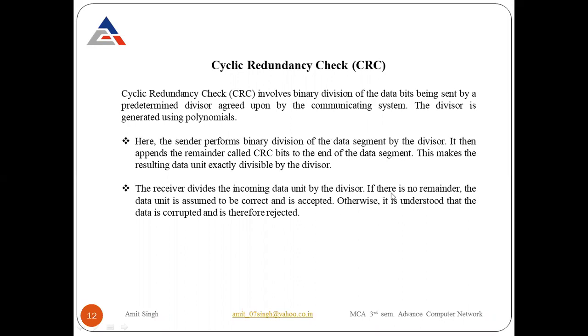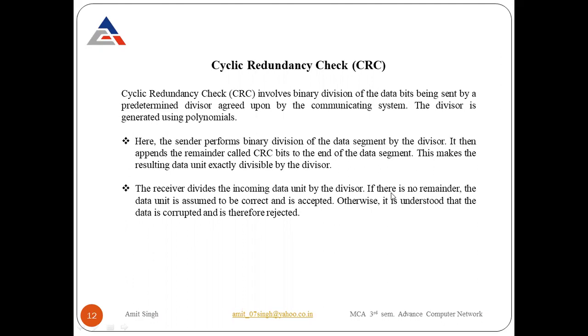The sender and the receiver agree on this divisor. They divide the data with that divisor and calculate the value. The remaining value is called the CRC, and it is added to your data.